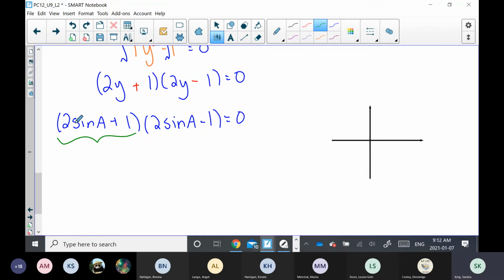If this was equal to 0 and I said solve for sine of a, you'd bring that 1 to the right-hand side and divide by 2. So this would be sine of a is equal to -1/2. And for this one, if I set this factor equal to 0, get rid of that -1 and divide by 2, sine of a is equal to +1/2.